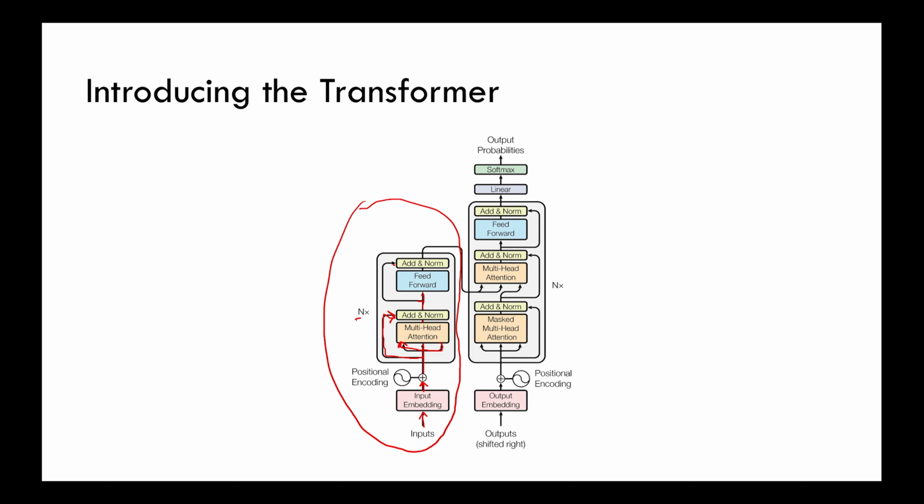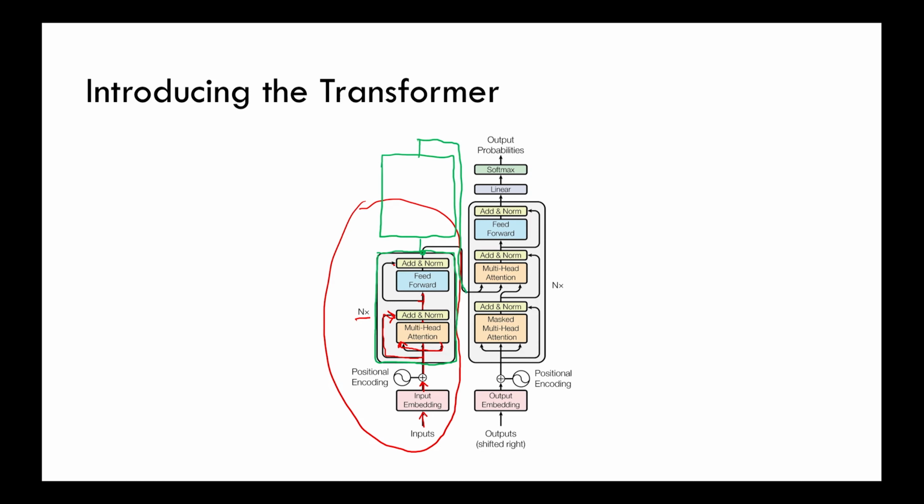We also see a number here, nx. This nx means that this block here, which I highlight in green, is repeated n times on top of the other. So the output of the first block is fed to another block that looks like the same block. And the output of this, if we have n more than 1, will go to the decoder actually.